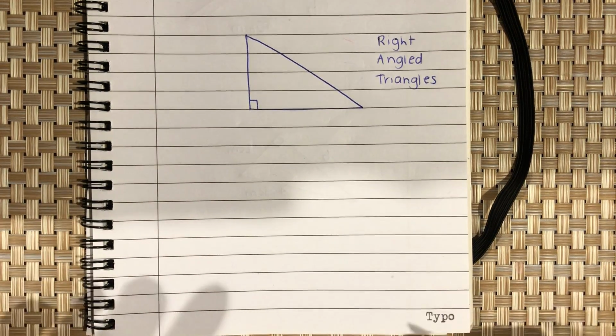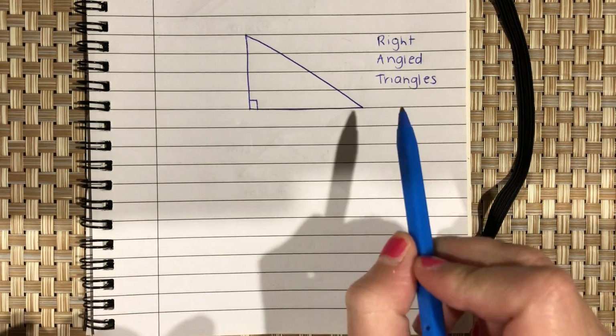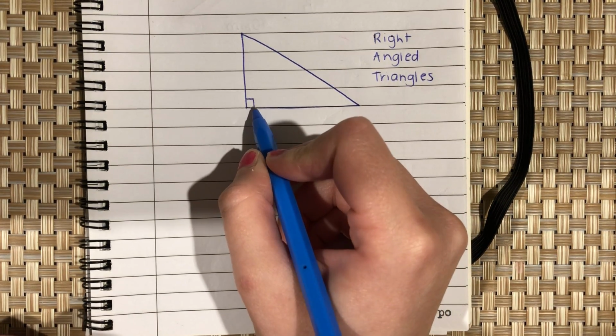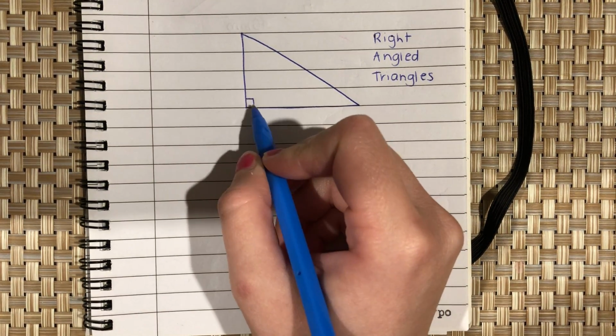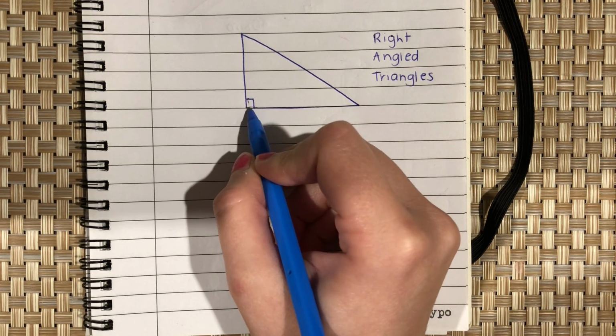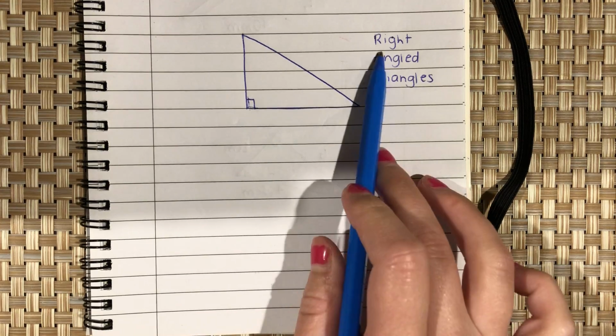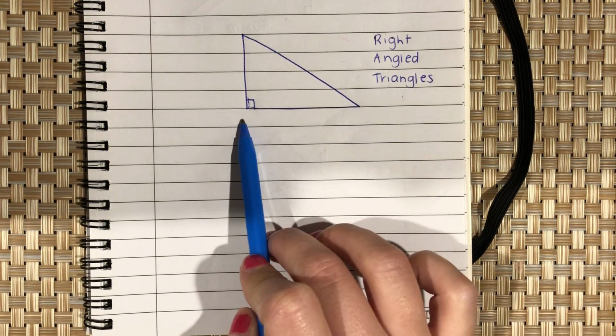Now you know that a triangle is a right-angled triangle because you will see it has this little box or this little square in the corner of the triangle. When you see this, you know that it's a right-angled triangle.